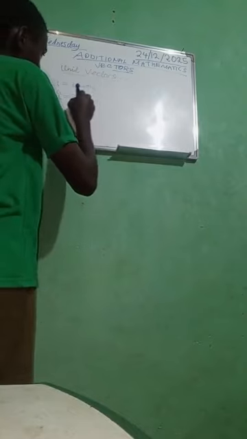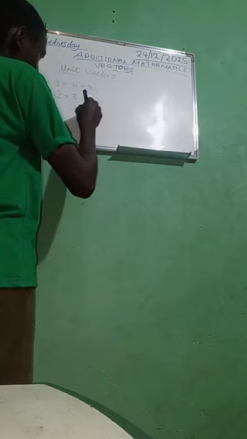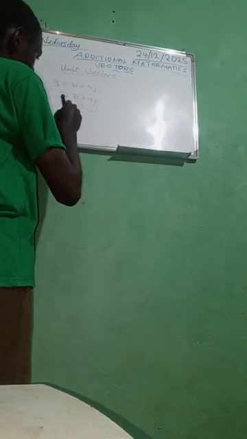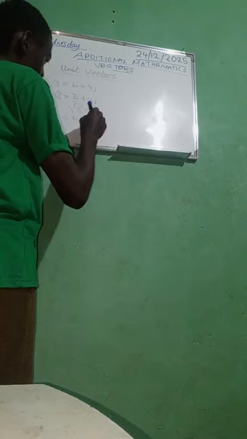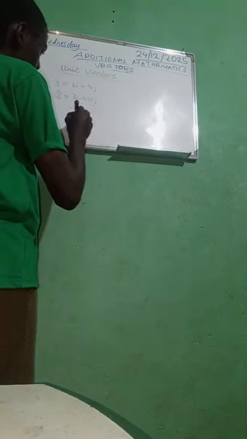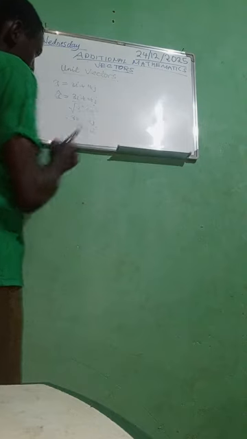divided by the magnitude, the square root of 3 squared plus 4 squared. This is 9 plus 16.